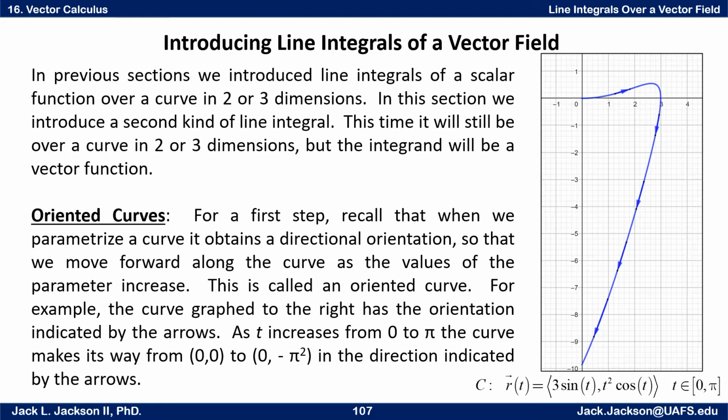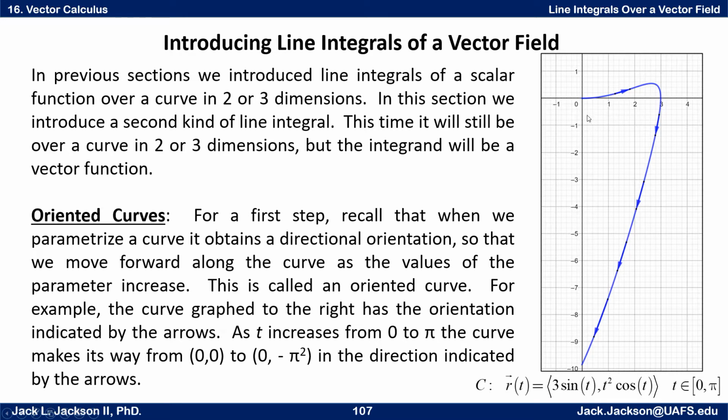So recall that when we parameterize a curve, it obtains a directional orientation. So we move forward along the curve as values of the parameter, say time, increase, and this is called an oriented curve. For example, the curve that you see graphed here to the right has the orientation indicated by the arrows.